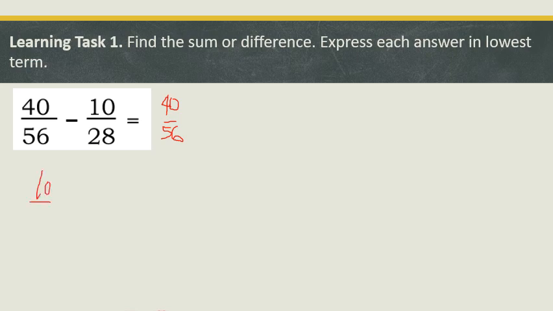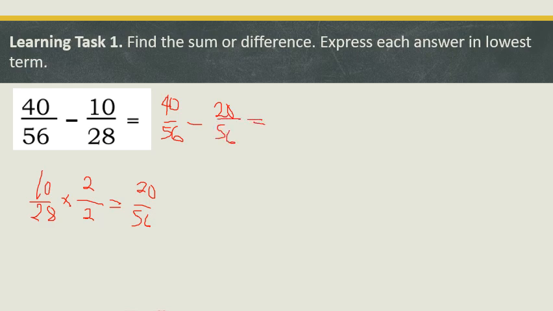So, paano natin kung gagawing 56 ang denominator nito? So, hanap tayo ng pwedeng i-multiply para maging 56 ang denominator. So, i-multiply natin siya sa 2. So, ang 10 times 2 is 20. So, kaya siya magiging 20/56.